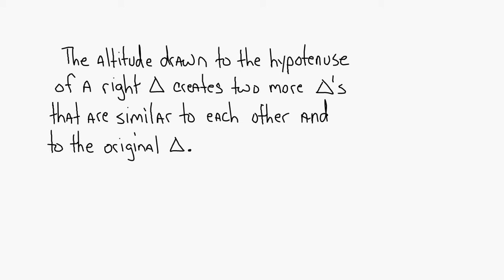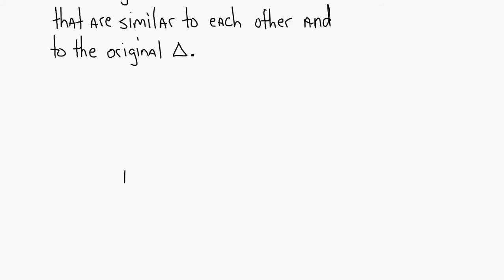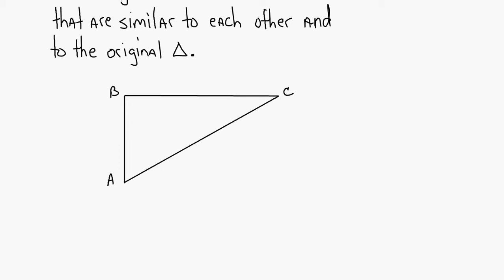So if you draw a larger right triangle, call it ABC, and draw an altitude to the hypotenuse, it's going to go from the 90-degree angle to the hypotenuse.